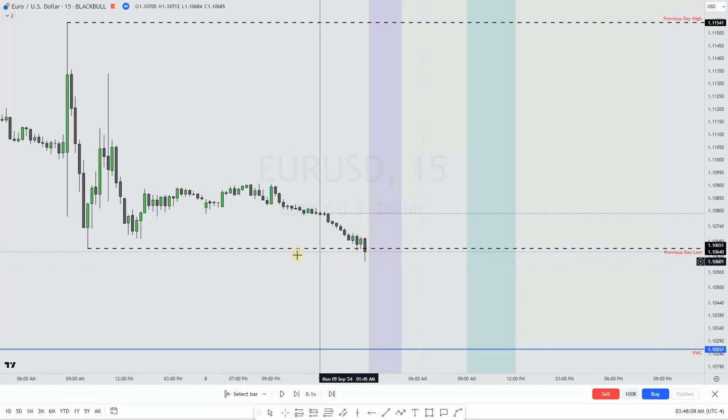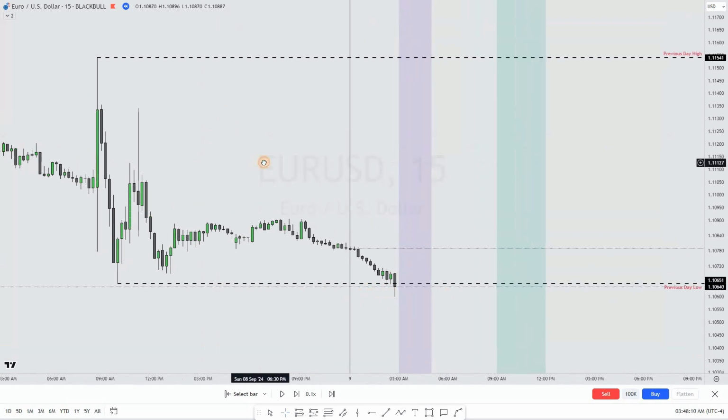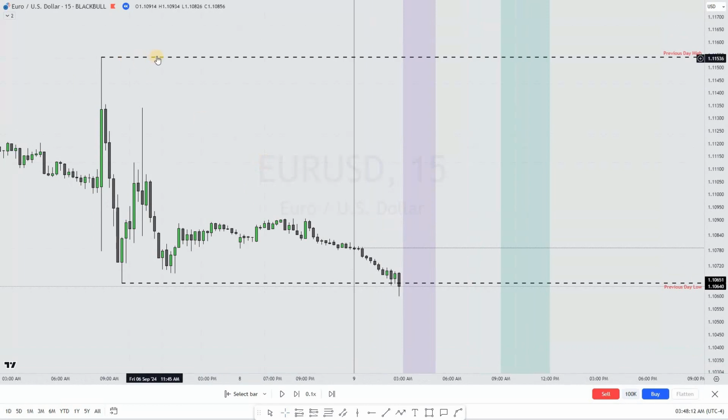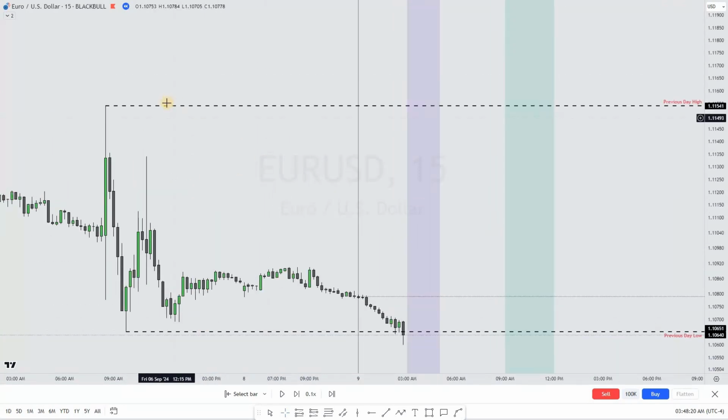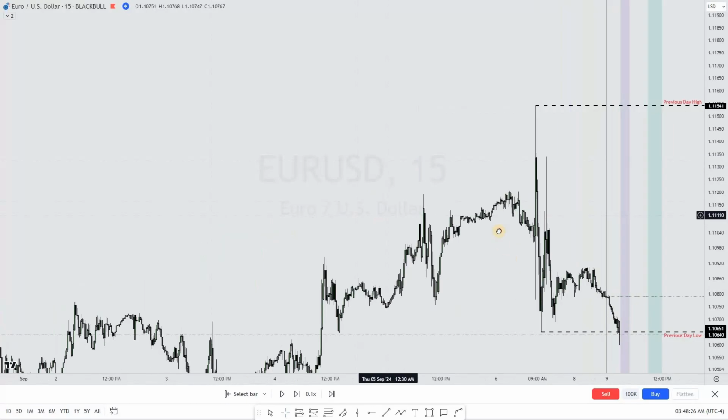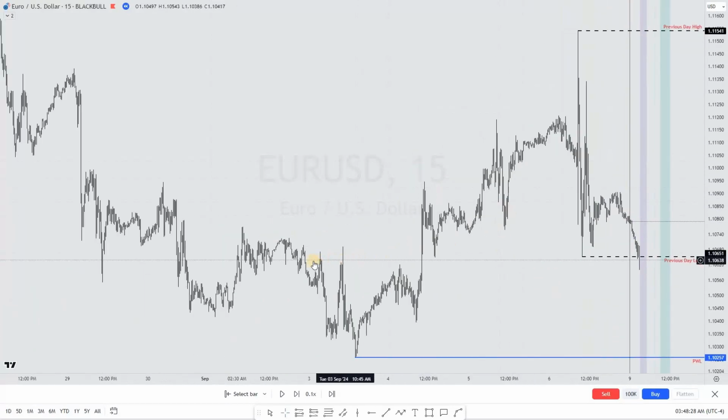So up to here, you can already say that I've put a couple of lines here. I have my previous day high, which was the Friday high, and then the Friday low, and then I have this weekly low. This previous day high, the Friday high, it was also the high for this particular week. I think Monday was right here.